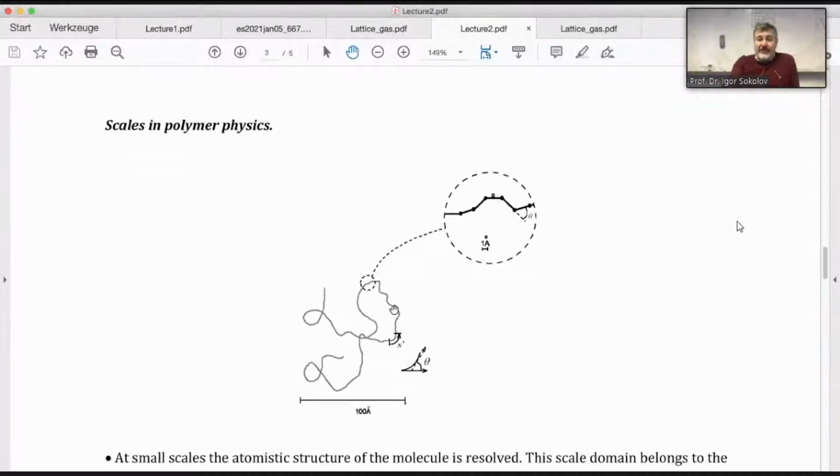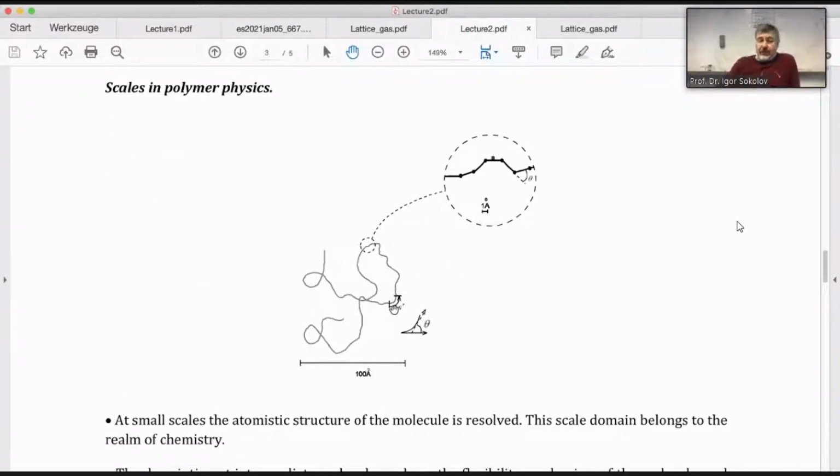Now, if I look at a polymer molecule, here I see the atoms, this is the smallest scale. Then I can see the thing as a flexible rod in the next scale when I do not resolve the atoms, and at very large scales, it's always a coil.